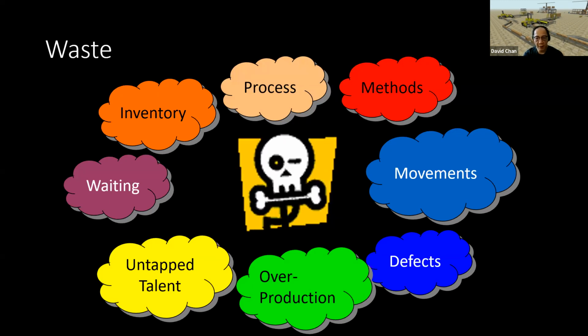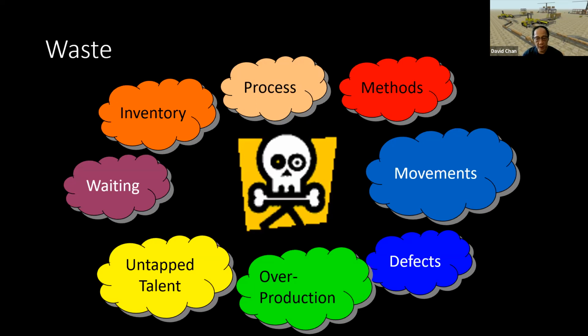I think waiting time, everybody understands, because if you are waiting and not doing anything, you find it a waste of time. As for production, if the product or the semi-finished product is waiting to be processed, there is nothing enhanced on the goods and service itself, so it becomes a waste.